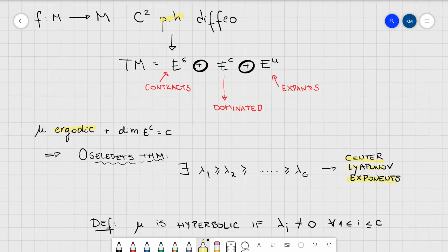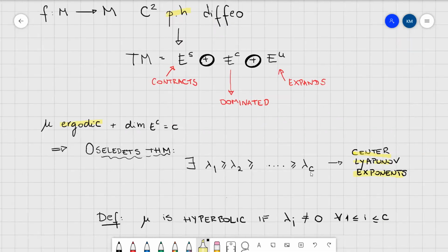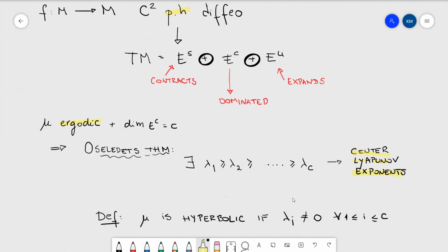So one important definition here is the following. In my particular context, I'm going to say that a measure is hyperbolic if all these numbers are non-zero. This is important because it gives me directions with non-uniform contraction and directions with non-uniform expansion inside of this subbundle.